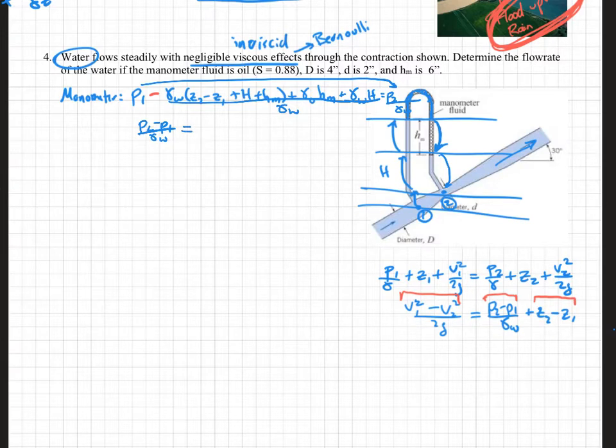That equals, let's see, the gamma waters cancel, Z2 minus Z1. This H here and this H here have opposite signs, so they go away. Plus H sub M plus gamma oil over gamma water times H sub M.